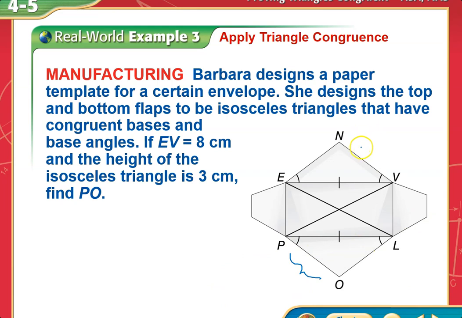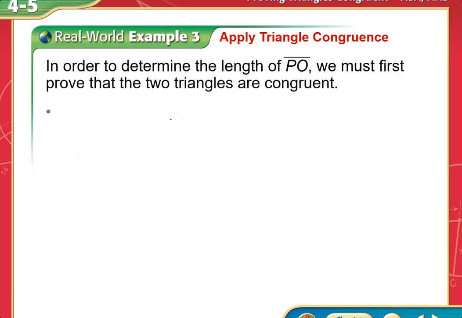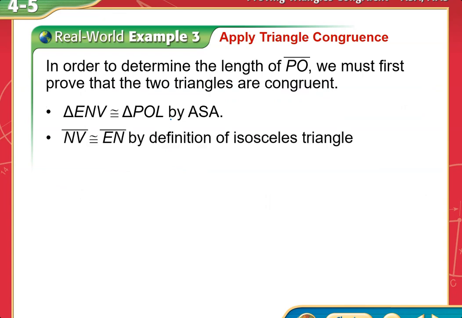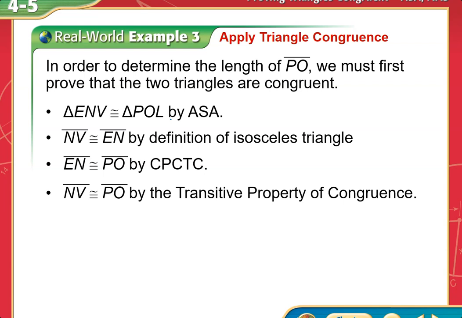So we have that this is congruent to this. We have the EN and the NV being congruent, and we have EN being congruent to PO by CPCTC. And NV is going to be congruent to PO by the transitive property.